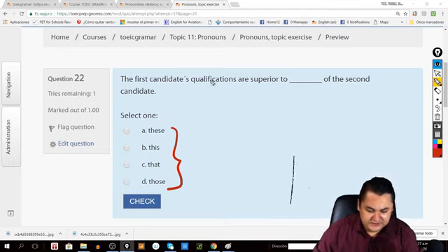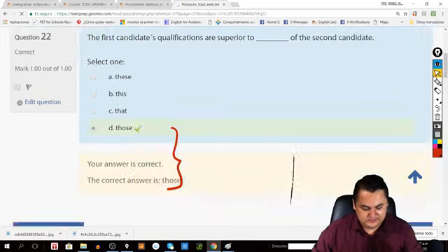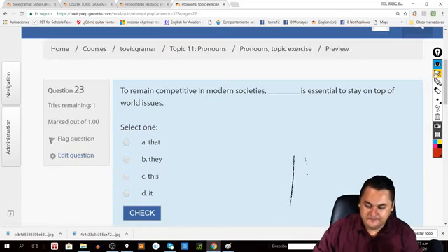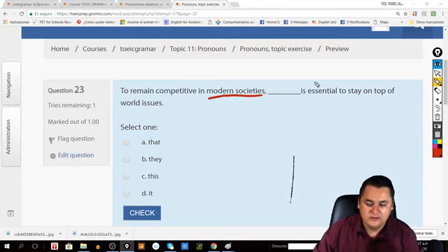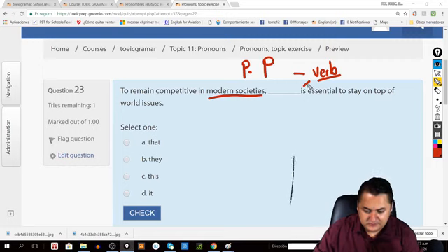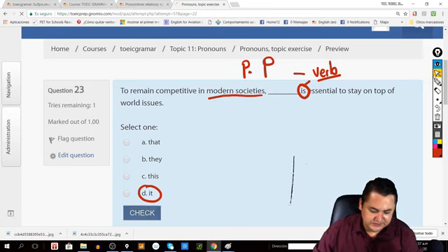The first candidate's qualifications are superior to those of the second candidate. Here, we can forget about the first part because there's a comma. And here, we have a verb. This verb needs a personal pronoun, and since the verb is singular, the answer can only be option D.